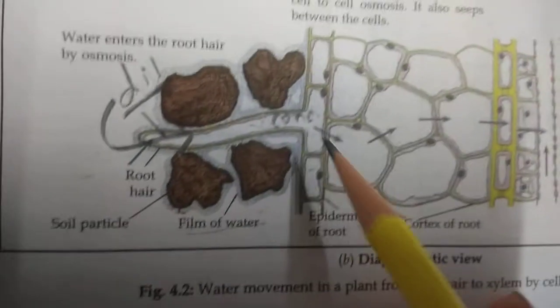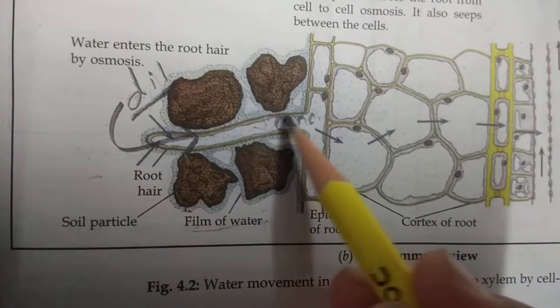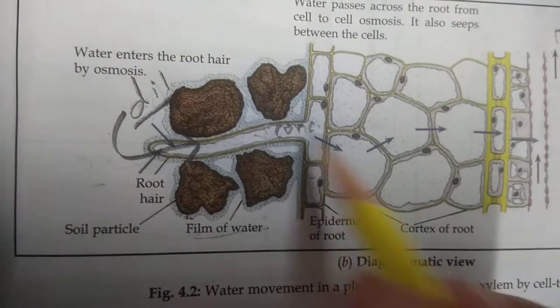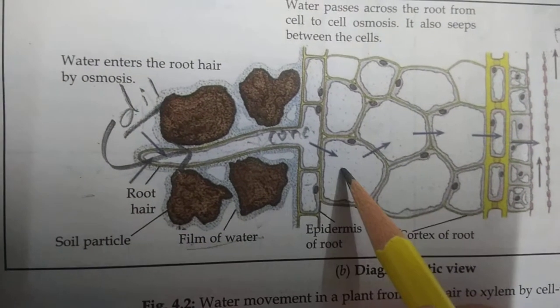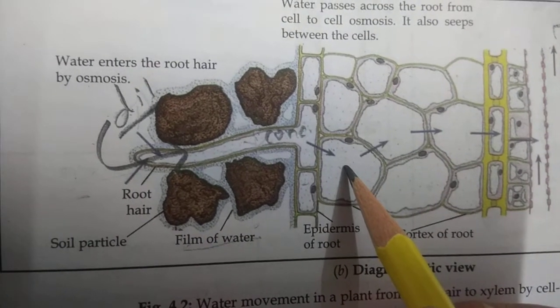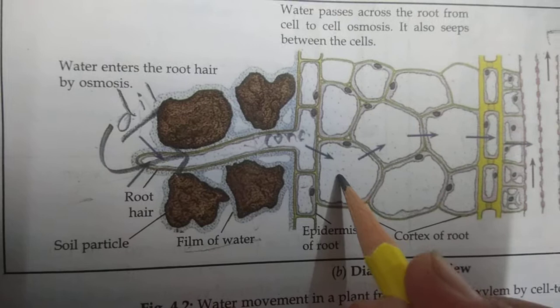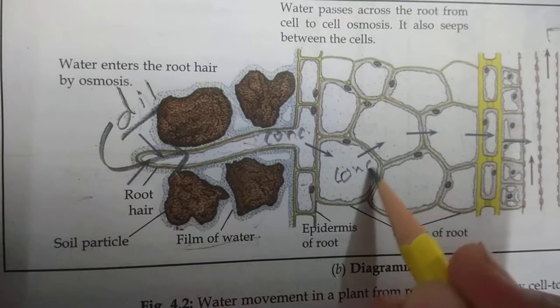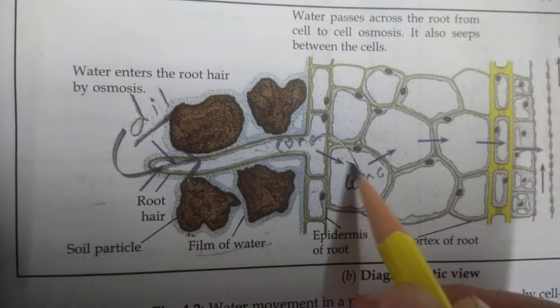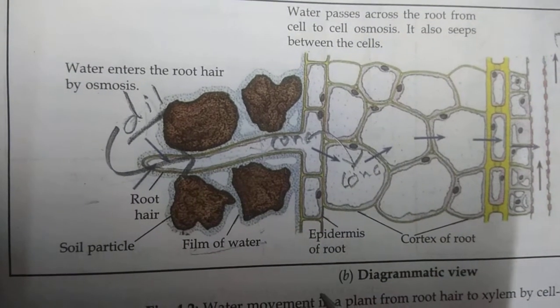Now this root hair cell is fully turgid, and compared to this the cortex region has lesser turgidity. So you can say that here it is concentrated and here it is diluted. So the water will go inside this cortex cell.